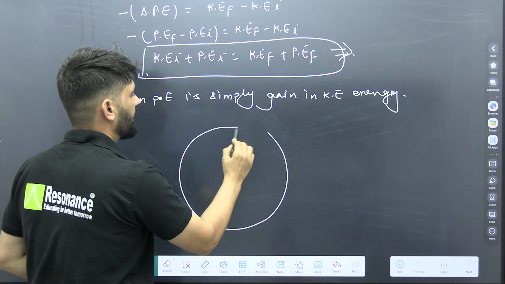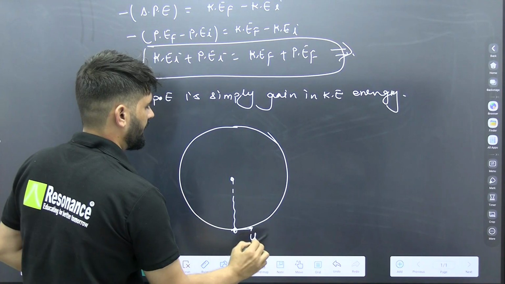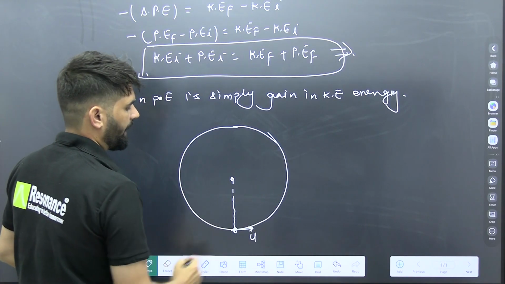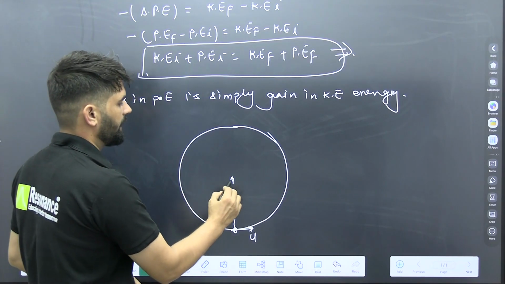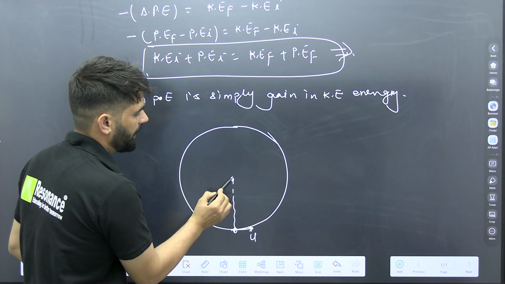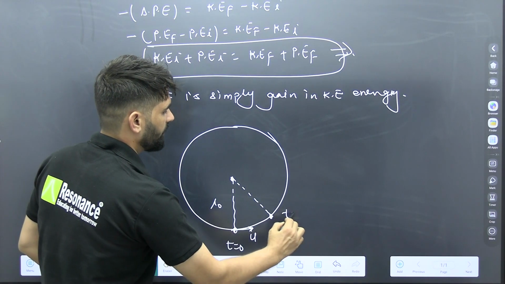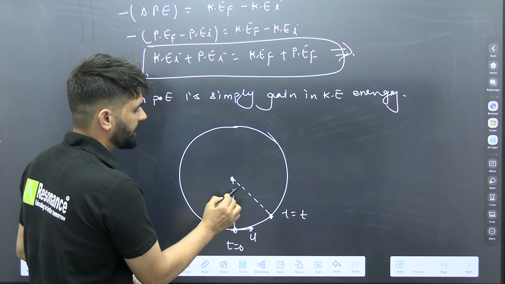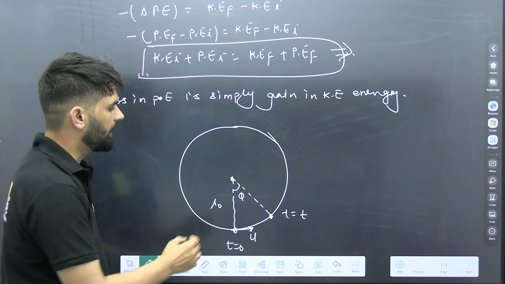Let's assume we have a circle and this point O, this is the string, and we deliver an initial velocity u along the horizontal, and this is the hinge force, this is L naught. At t equals 0, and at t equals t time, the particle or string makes an angle, an angular displacement, with the vertical, theta.